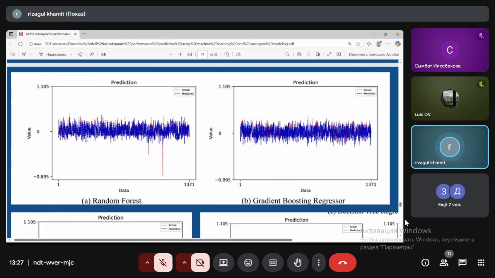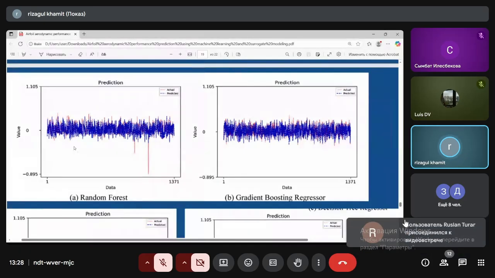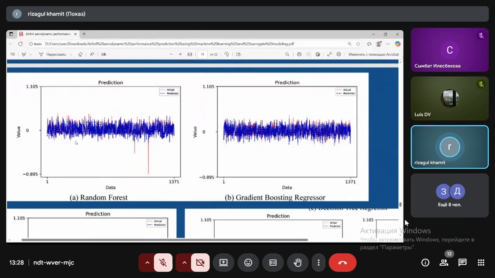In our case, they are values predicted by the random forest algorithm. Red lines are true values obtained, for example, through CFD, computational fluid dynamics calculations. And from graph A, random forest, we can see that the algorithm predictions are close to the actual values with some small discrepancies, like red ticks that are higher than blue lines.